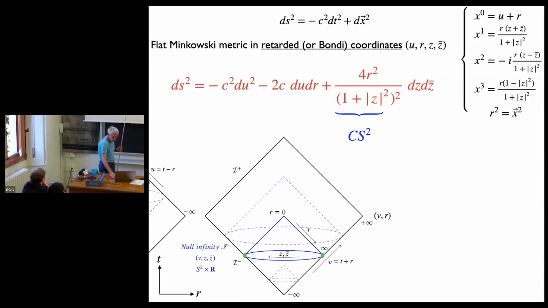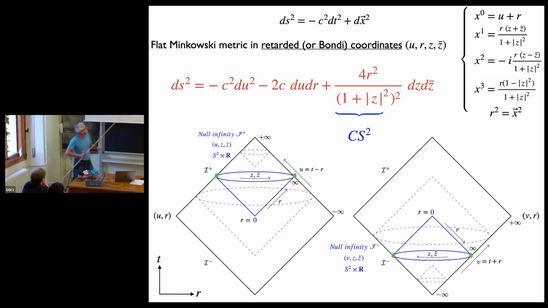So in Penrose diagrams, you have time here and the radius r here. So you might just sit at r equal to 0, and then you look at the sky, and you send light rays at a given time.